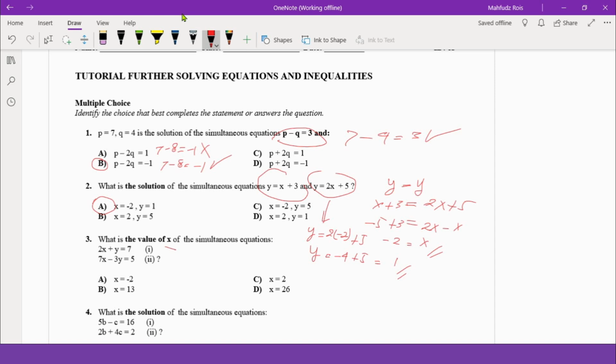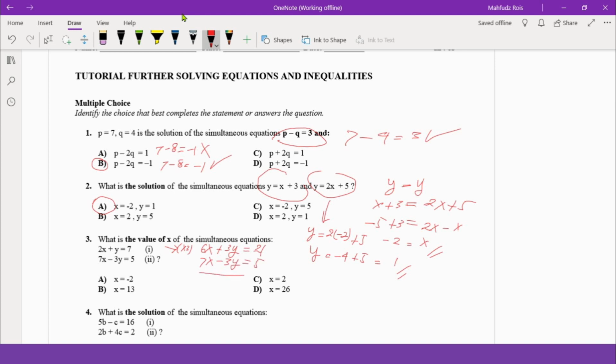So to make it the same, we can multiply the first by 3. So it will be 6x plus 3y equals 21. All right, for the second, just keep it because we need to eliminate y.